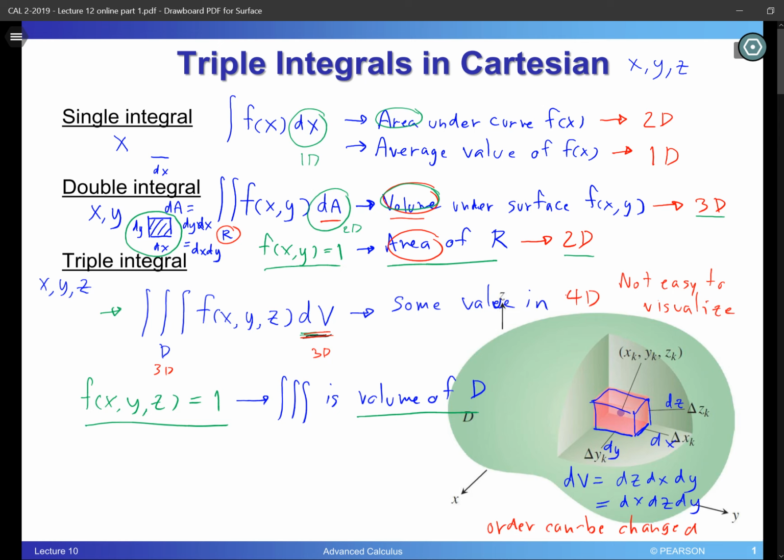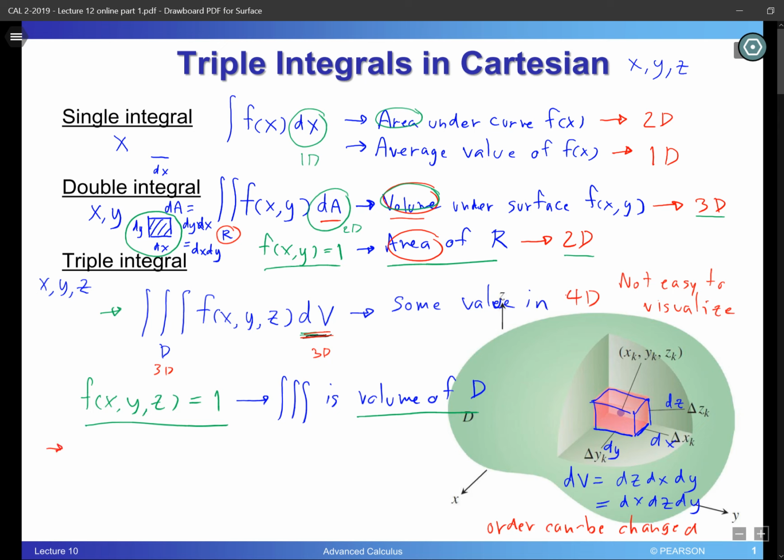And this triple integral can be used for something else, such as to calculate the mass and the moments of solid with varying density. Some of you might need to use it later in your other courses, some of you might not, but just take a note here.